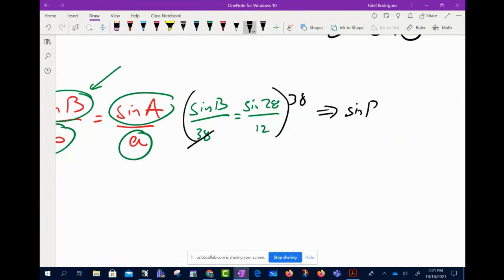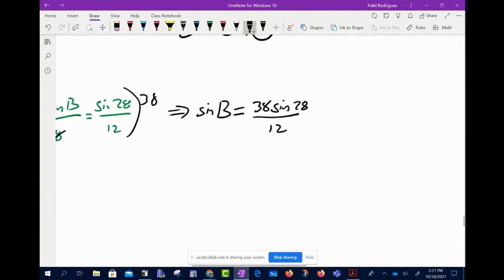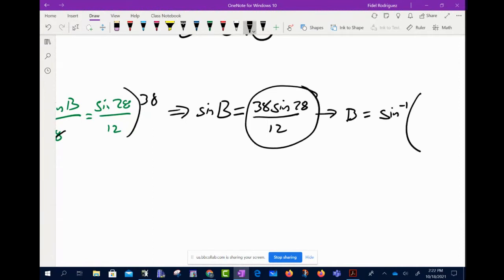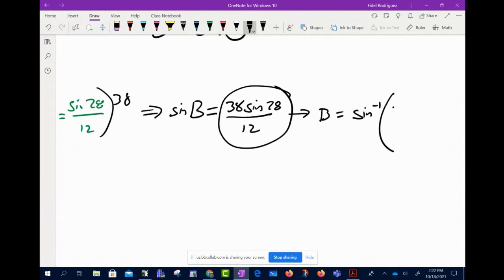That's going to tell me the sine of B is equal to 38 times the sine of 28 degrees all over 12. Now if I wanted to find the angle B, I would need to take the sine inverse of this business right here. That would help me find my angle B, okay?